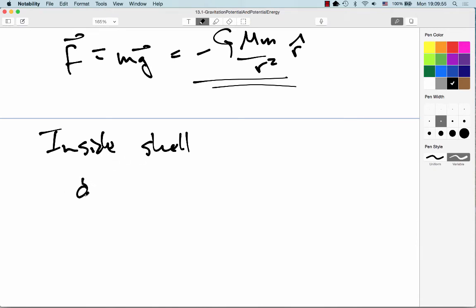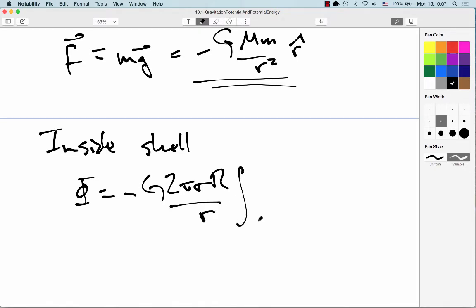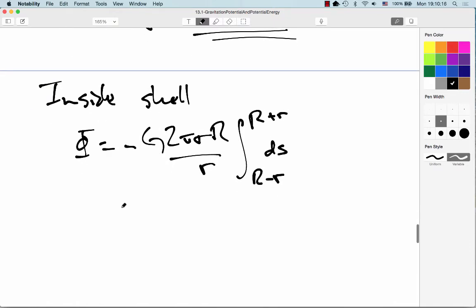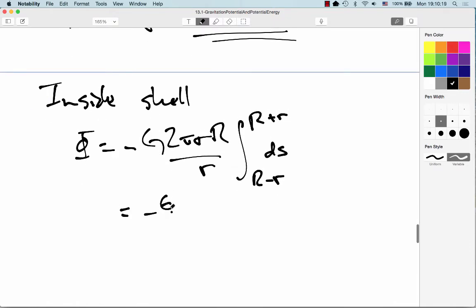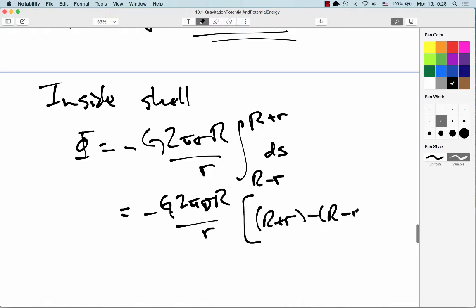It's the same integral, just with the different limits of integration that you have shown. 2 pi r over r, integrate this from R minus r to R plus r. So we just swap the big and the little r. So this becomes minus G 2 pi sigma R over r times r plus R minus R minus r.